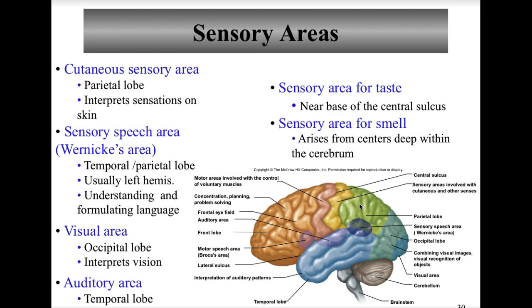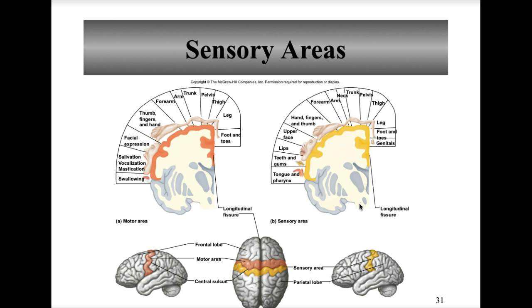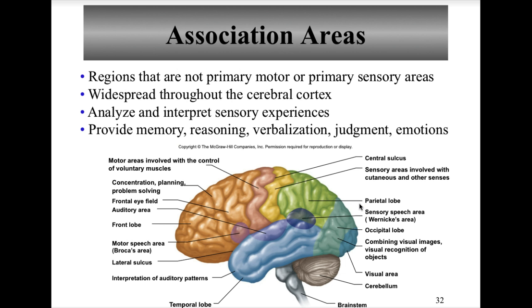And basically that is located in the parietal cortex just above the temporal lobe. Here's another diagram of those sensory areas. So you could see a further picture there as far as motor areas and sensory areas.